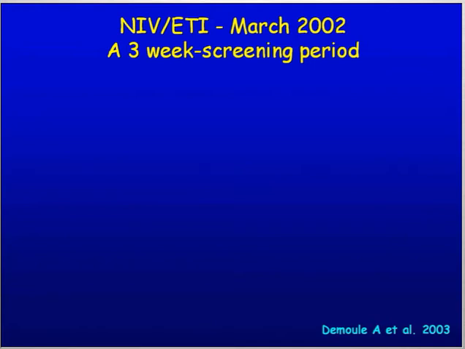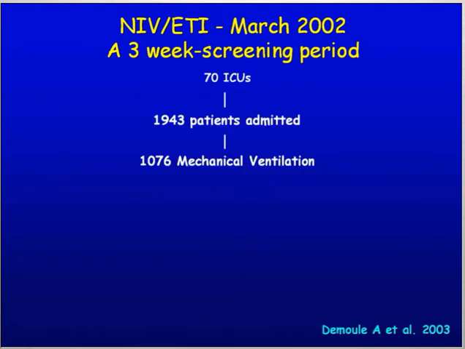In March 2002, we looked during 3 weeks at all patients admitted in 70 ICUs. During this period, almost 2,000 patients were admitted, and approximately 55% of them were under any kind of ventilatory support, either NIV or standard mechanical ventilation.